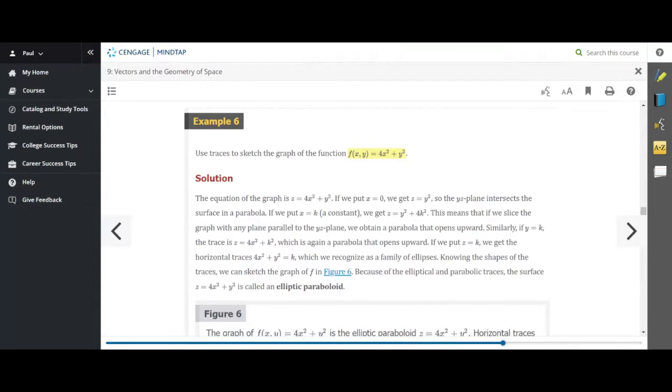Now, I'm going to go to the whiteboard again and write f of x, y equals 4x squared plus y squared. And remember, f of x, y is equal to z.